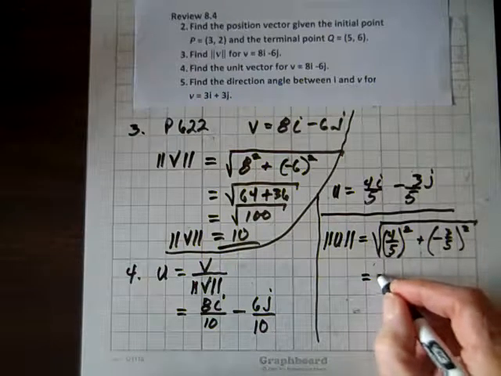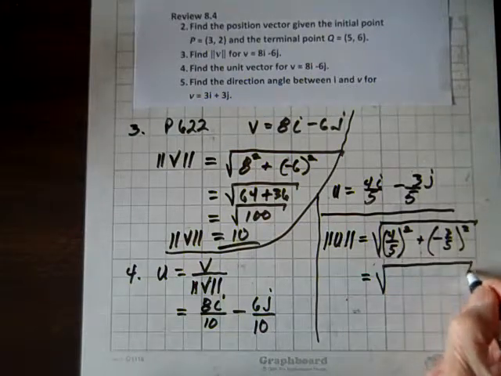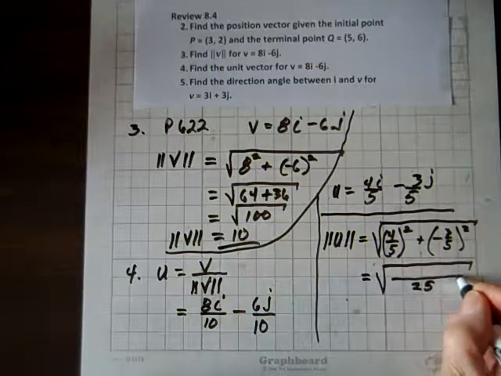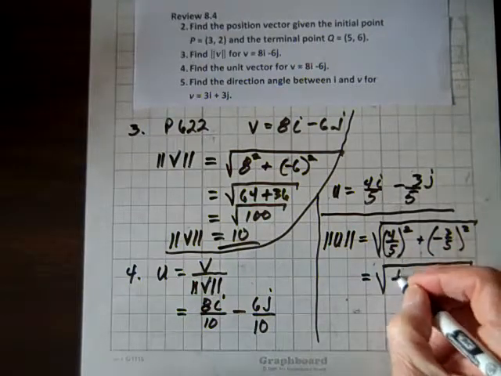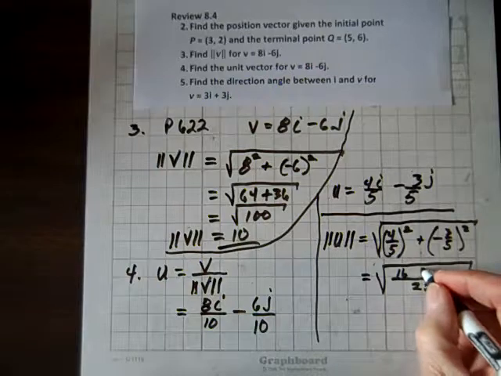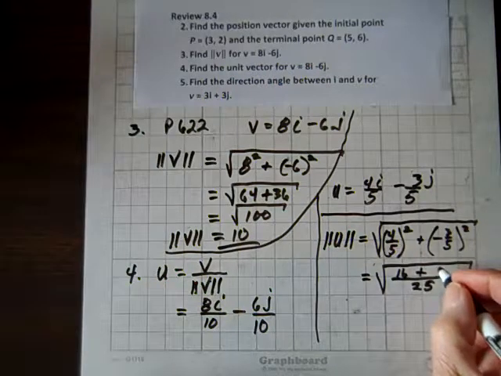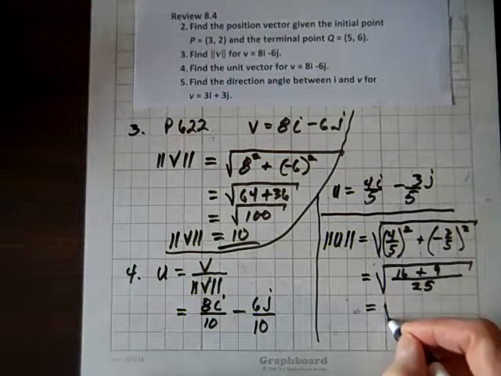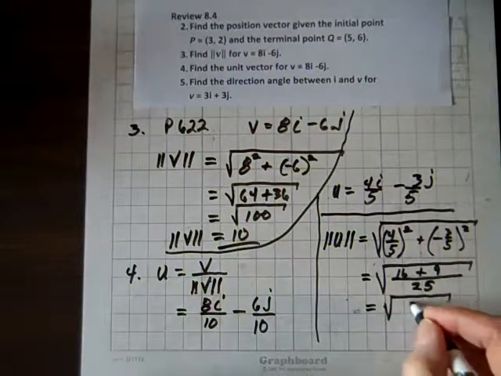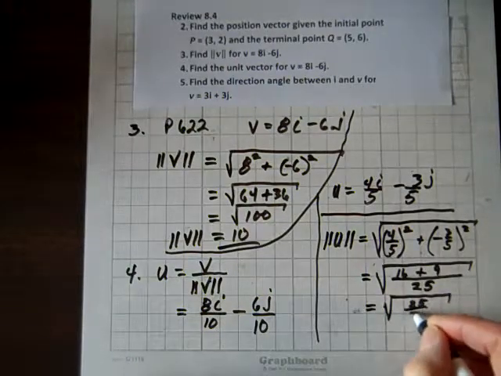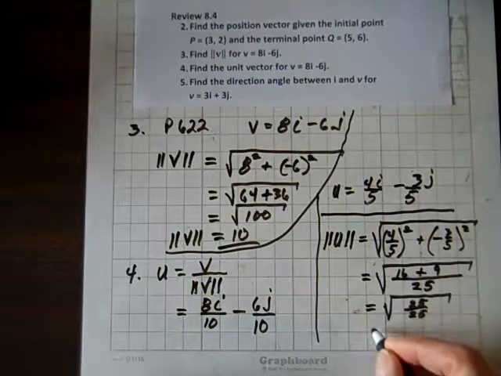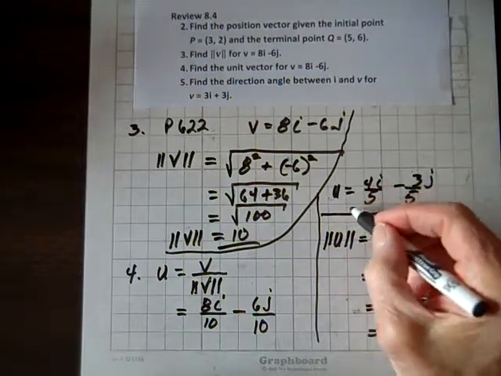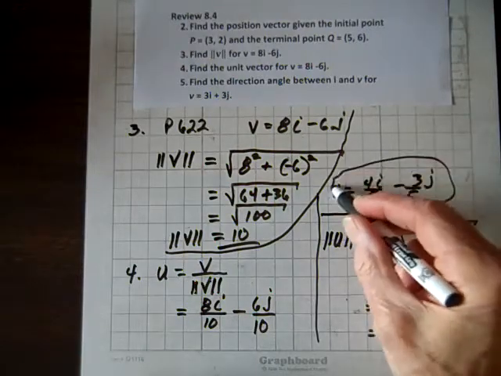And what we get in the denominator is 25, common denominator. If we square 4, we get 16. And if we square -3, we get 9. And so what we get is the square root of 25 over 25, which is 1. And the square root of 1 is 1. So this is indeed the unit vector.